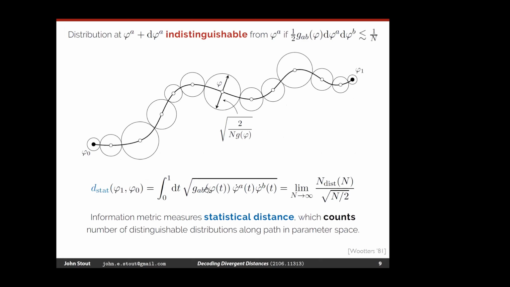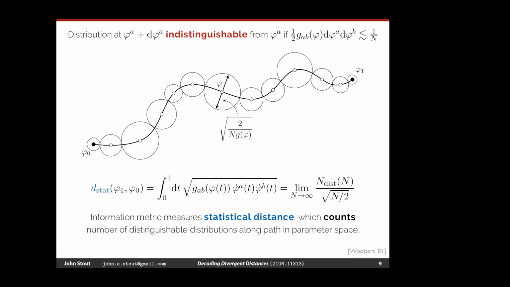And what this information metric is measuring is, say I give you n measurements and a curve along that statistical manifold. Then I try and tile this curve with ellipsoids of indistinguishability.